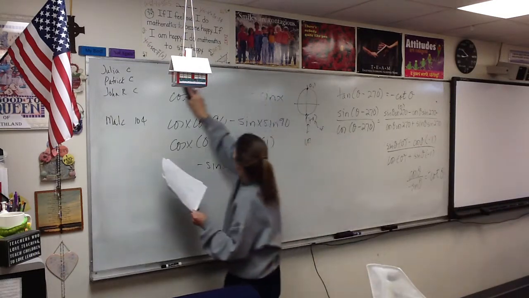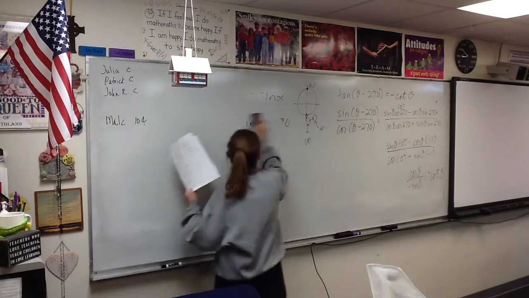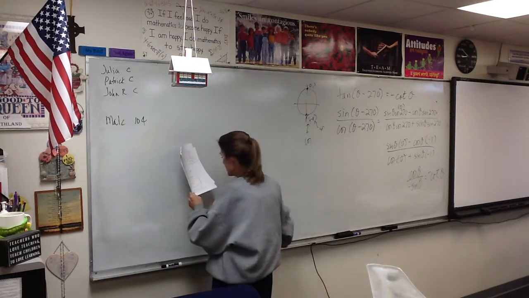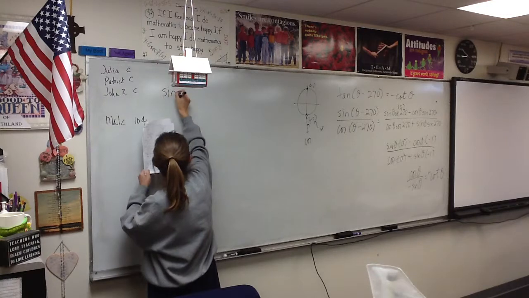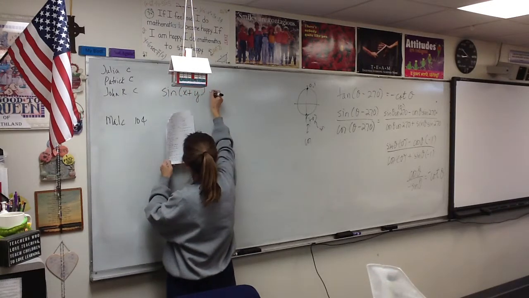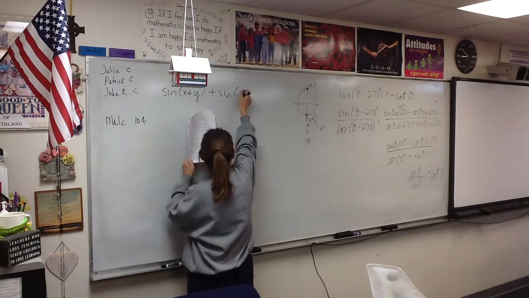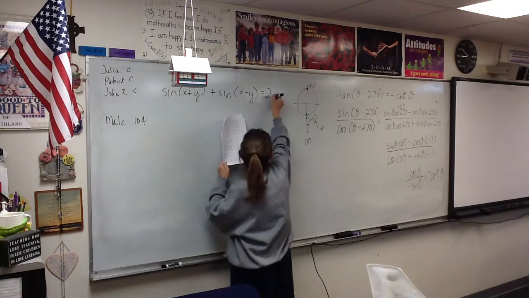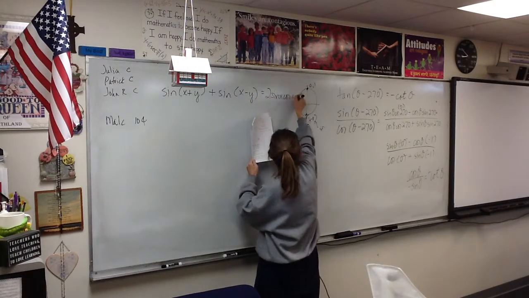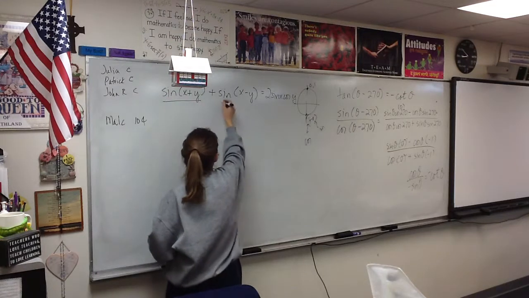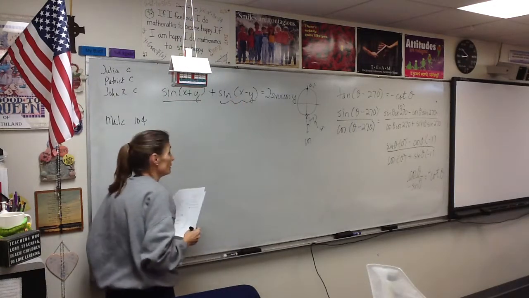And then C, which I believe we actually did together already, but let's do it again. Looks much more complicated than it is. We are going to use our sine formulas.